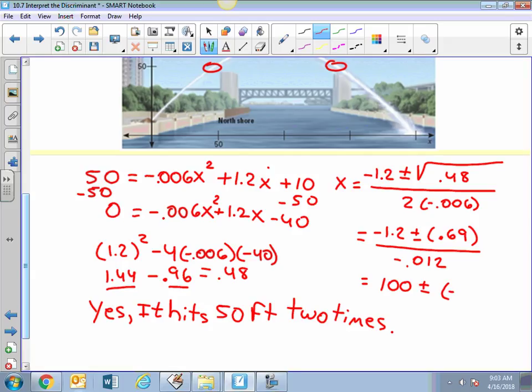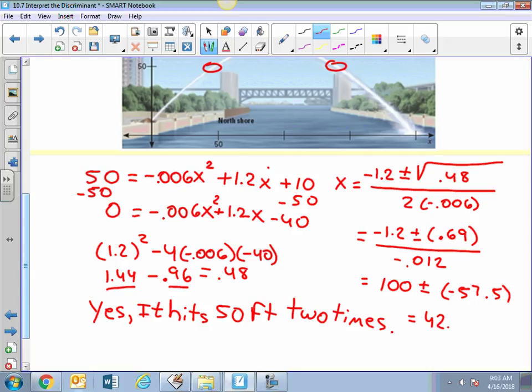So this is going to be negative 57.5. Okay, so your 2 answers for where it hits. On the short end on the left side, we would have to take 100 minus 57.5, which would give us 42.5.